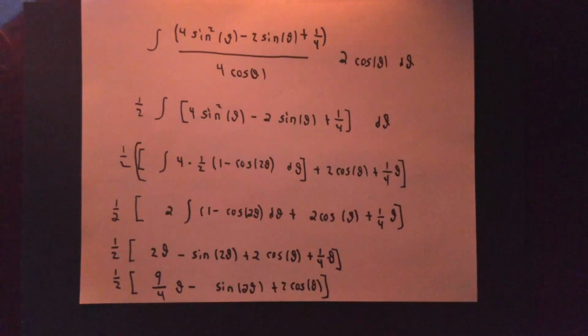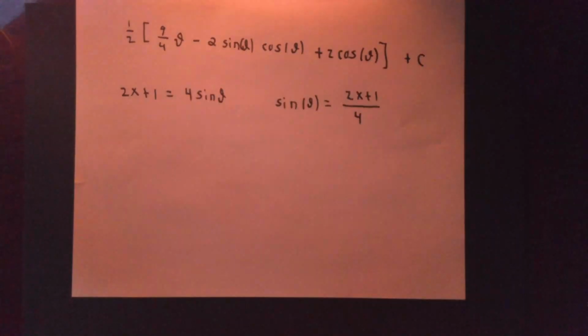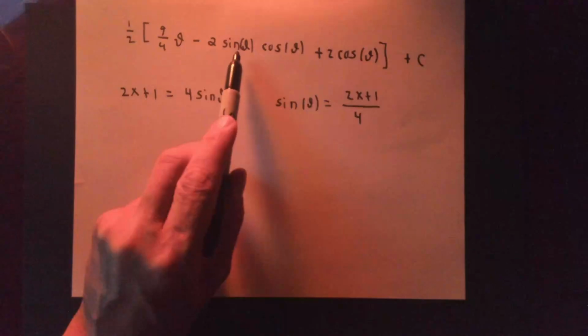If you consult the big list of trig identities, sine of 2 theta is 2 times sine theta times cosine theta. Since 2x plus 1 is 4 times sine theta, sine theta must be 2x plus 1 divided by 4. That tells me what I should write down for that factor.